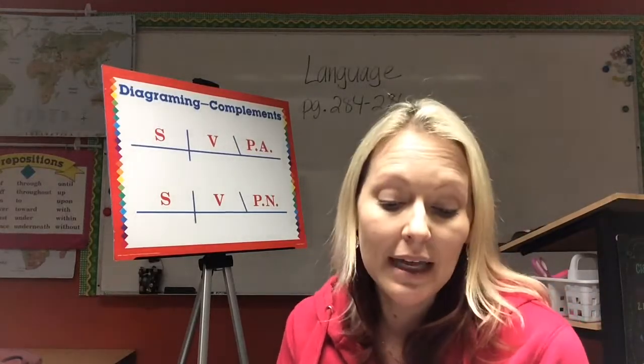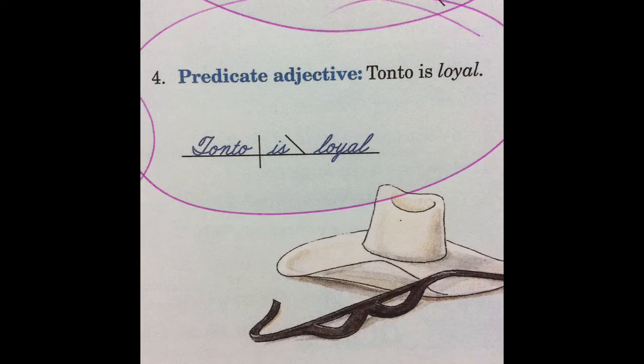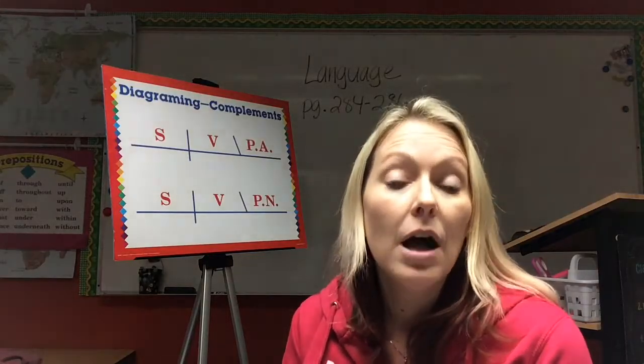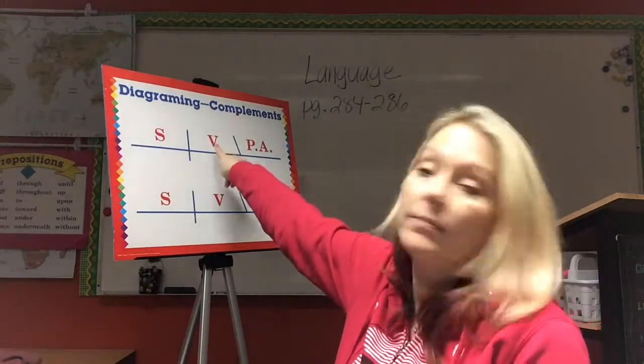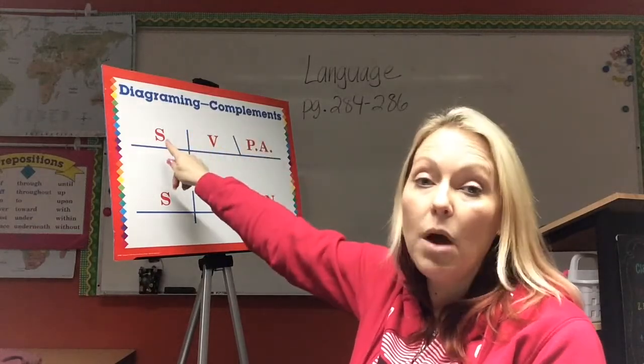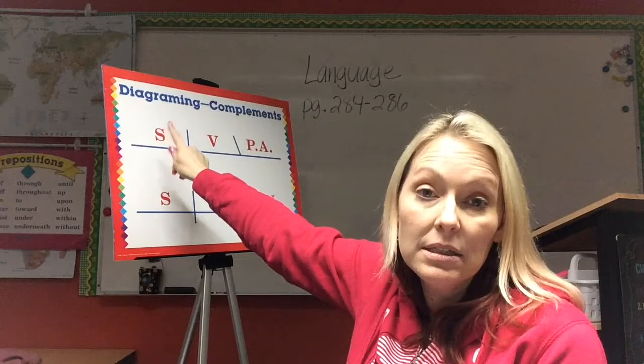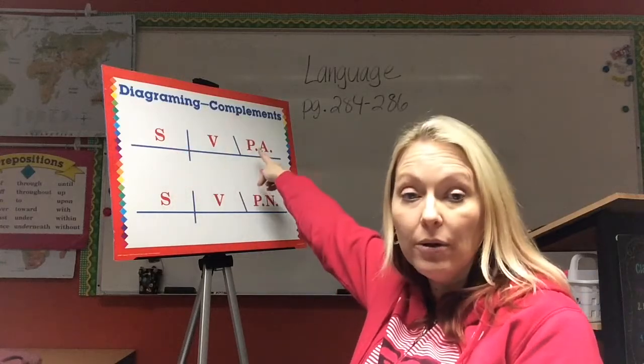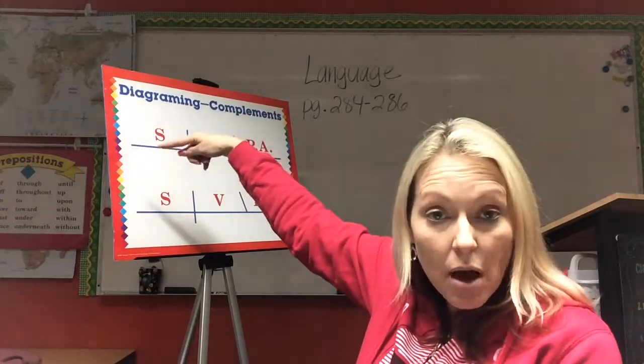Then we have predicate adjective. Toronto is loyal. Now, Toronto, I believe, is a horse, okay? So Toronto is loyal. So we have our linking verb of is, right? And then we have our subject, Toronto. And what is Toronto? Well, he's loyal. Now, that's describing Toronto, right?